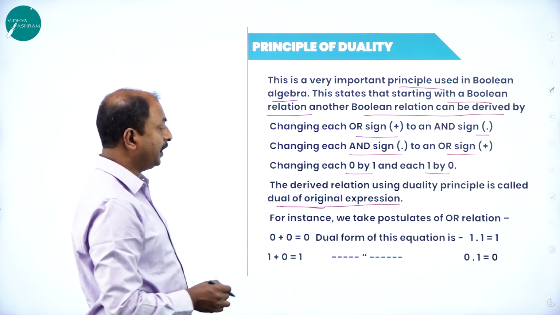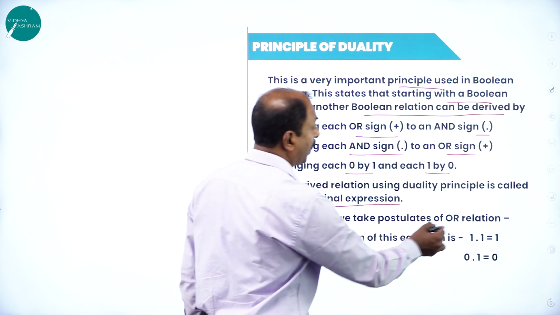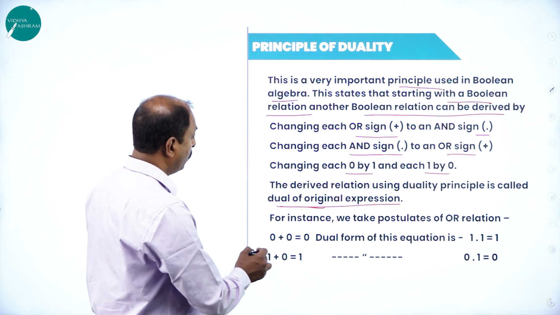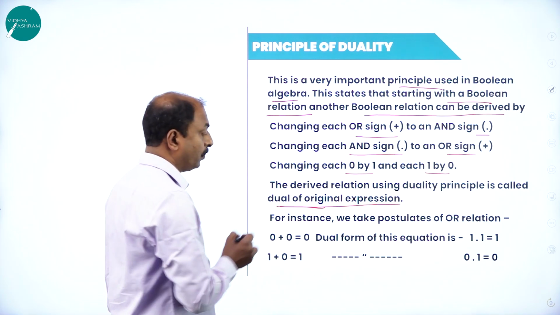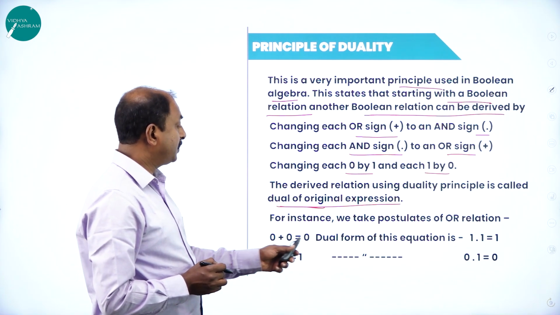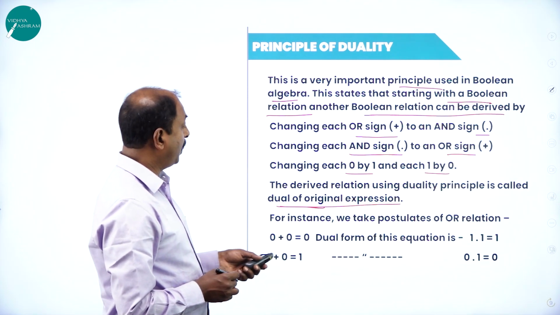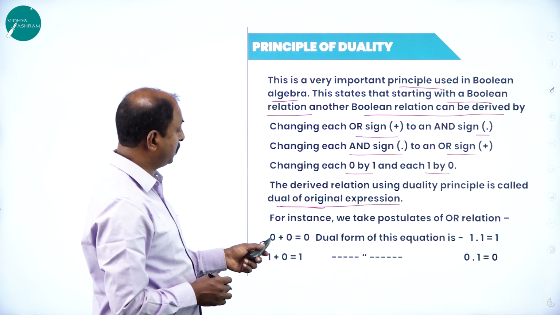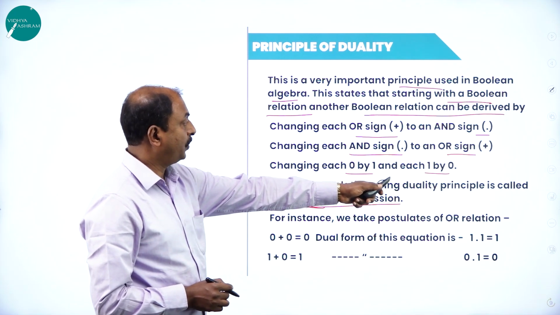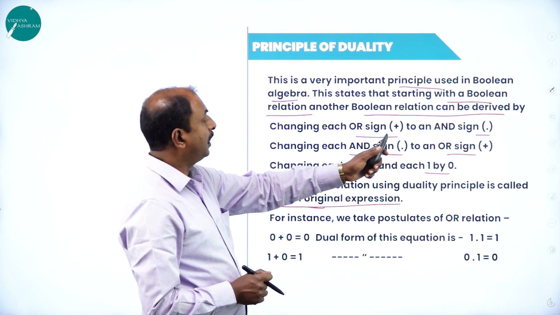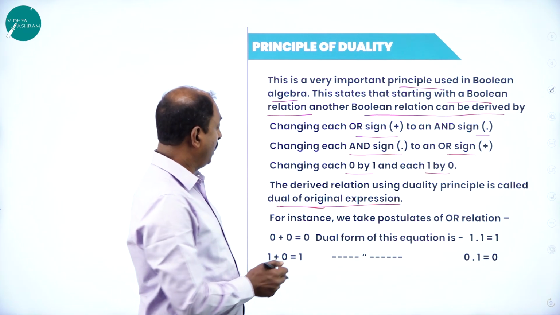Now for example, we take a postulate of the OR relation. In the OR operation, we know that 0 plus 0 is 0. From 0 plus 0, we can derive one more equation. How is it possible? By changing 0 to 1 and 1 to 0, and by changing plus to the AND operator or AND to the OR operator.